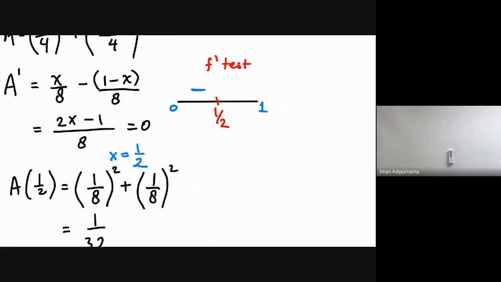Check somewhere in between here, maybe 2/3. 2/3 is positive, right? And what happened to your graph? The gradient goes down and then goes up, right? So this is your graph. So this half is the minimum.